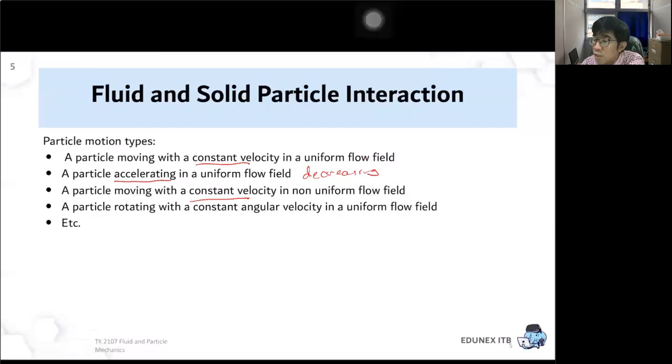Okay, that is from the particle side. From the liquid or the gas side, the velocity of the gas or the liquid can be the same or different. Or sometimes, in the cyclone, the device that I showed you earlier, the particle can rotate during the flow.